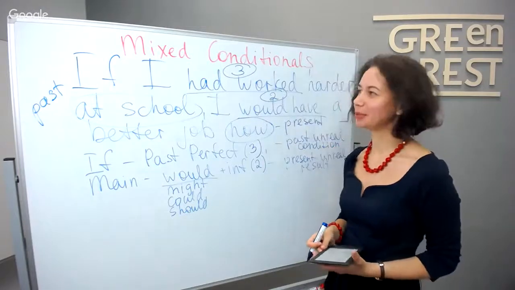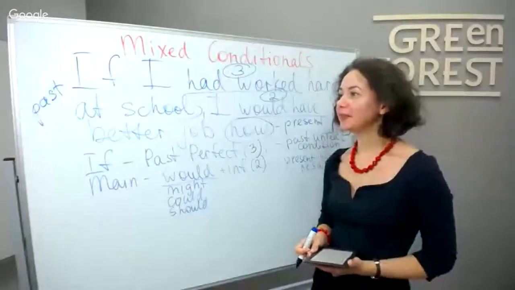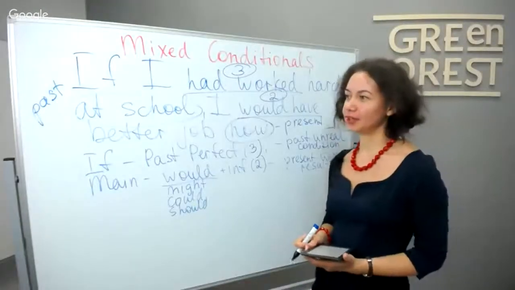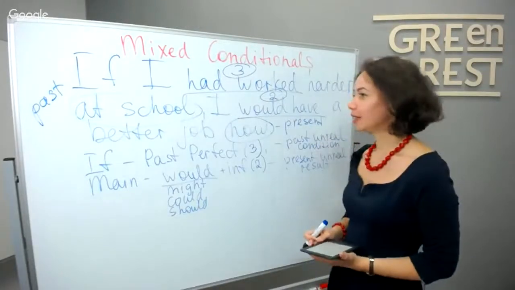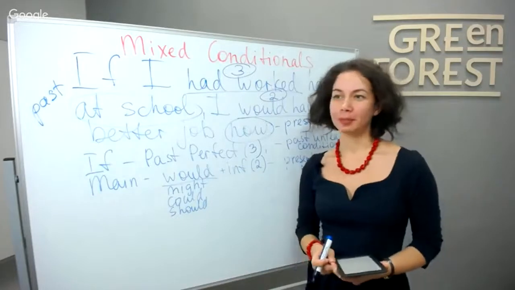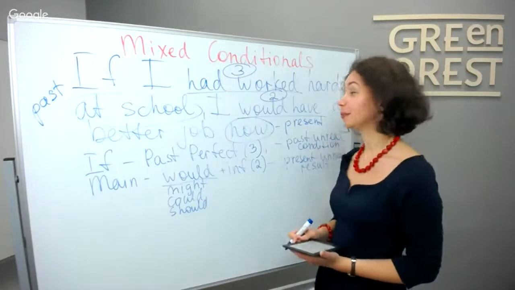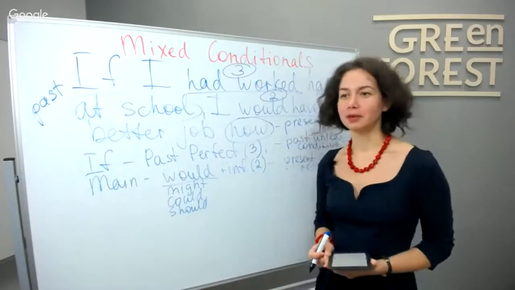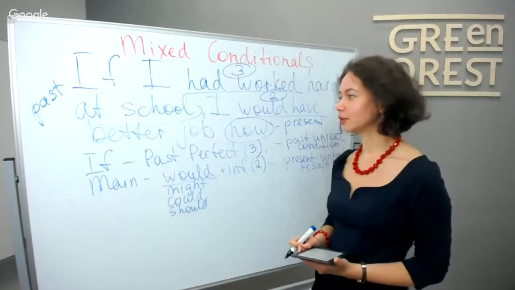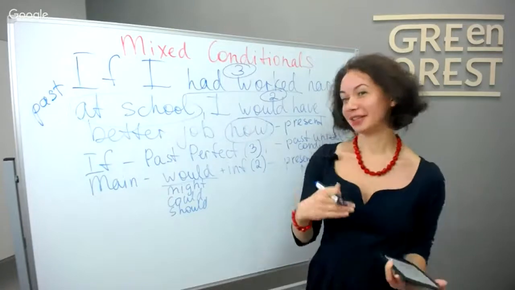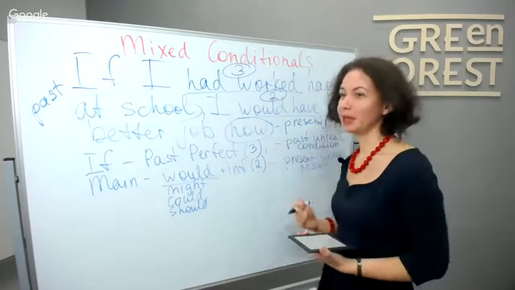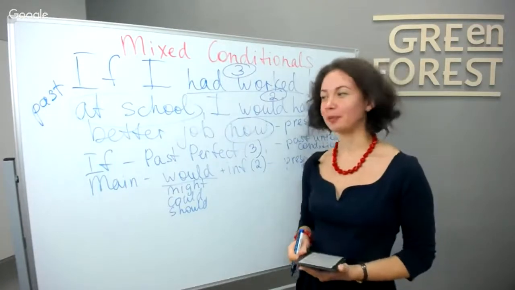Well, of course, it's a silly one. Okay, if I had trained more, a few years ago, I would be able to swim now. I could swim 3 kilometers without stopping. Well, I can swim only 1.5 kilometers. That's it. So if I had trained more, I would be able to swim more.